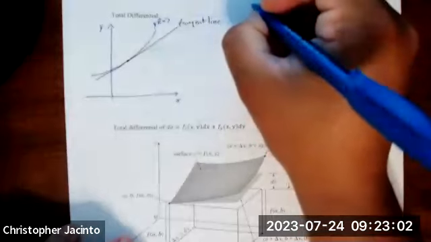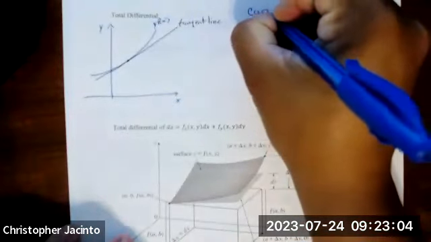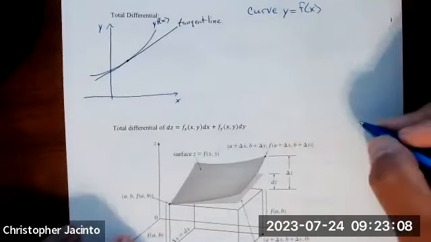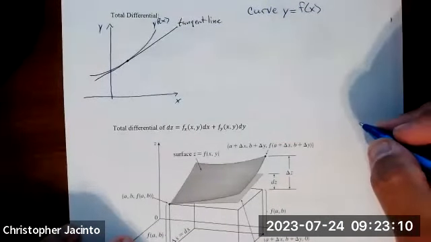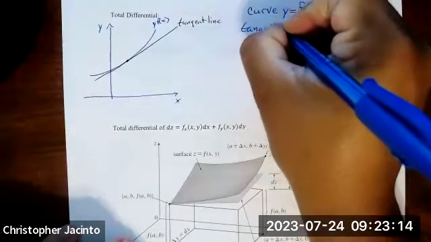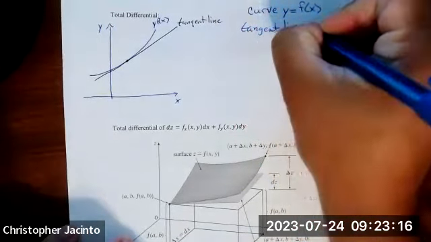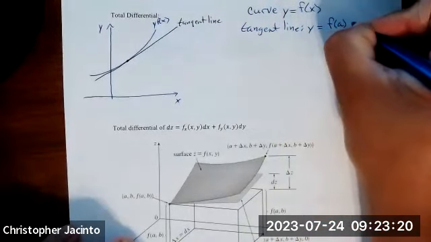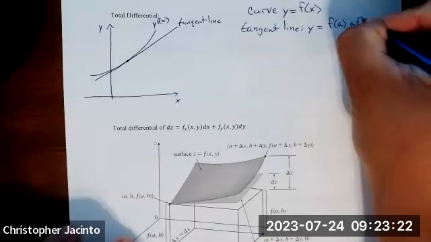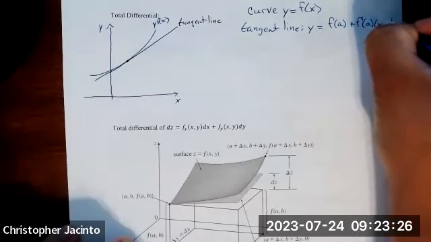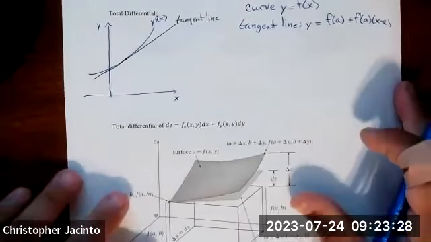So we'll just write some stuff down. So we have a curve, and we have its tangent line, which is created by the linear approximation.